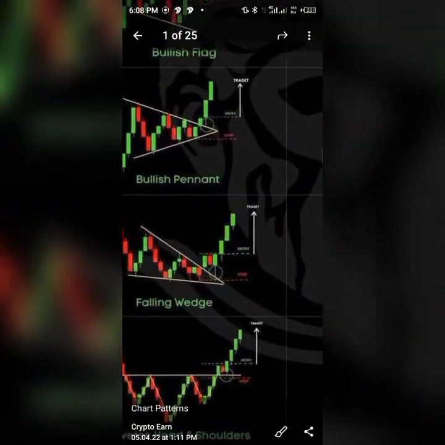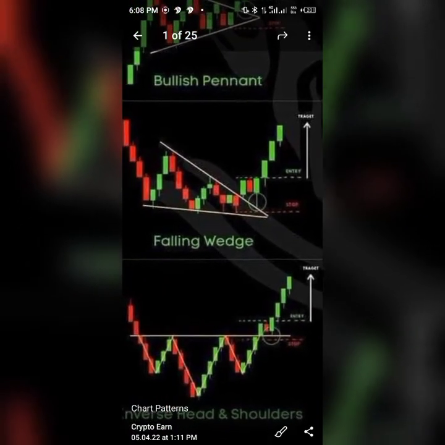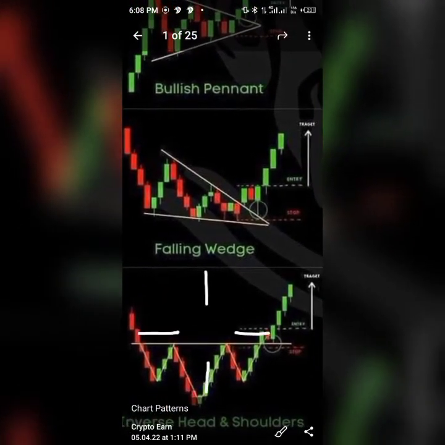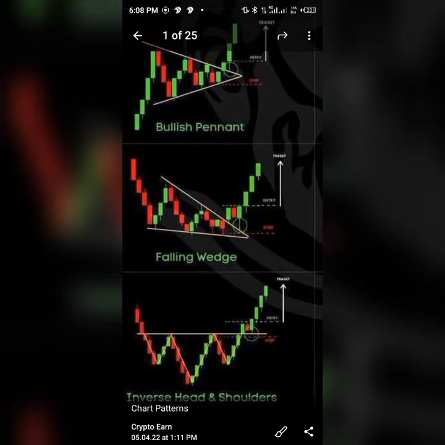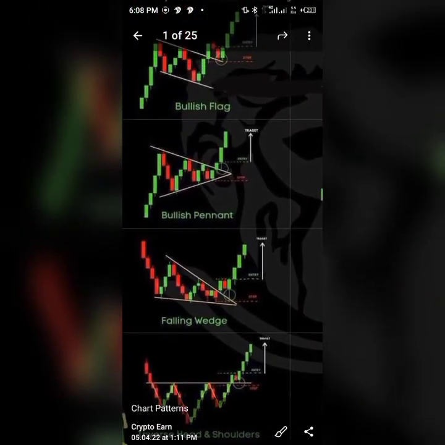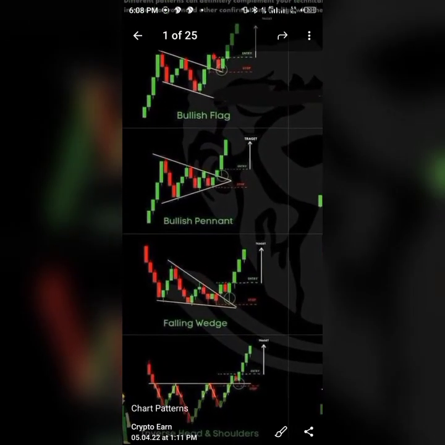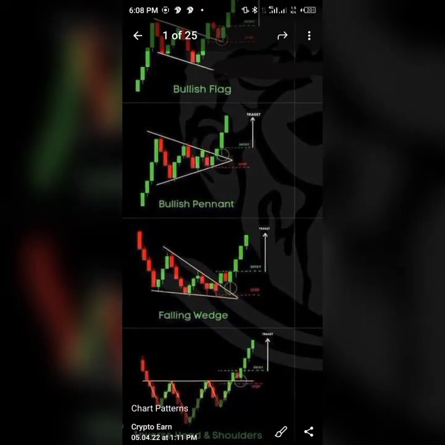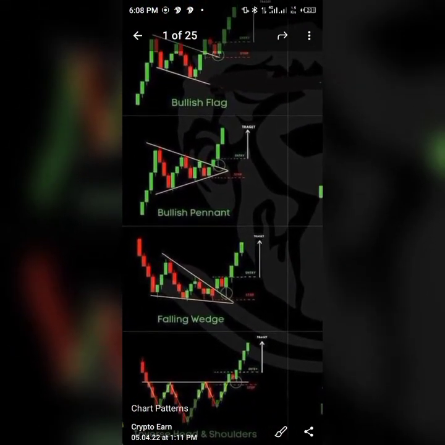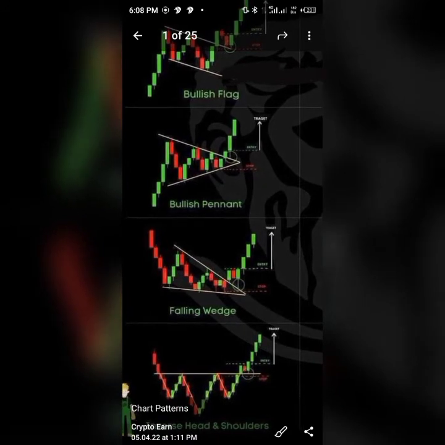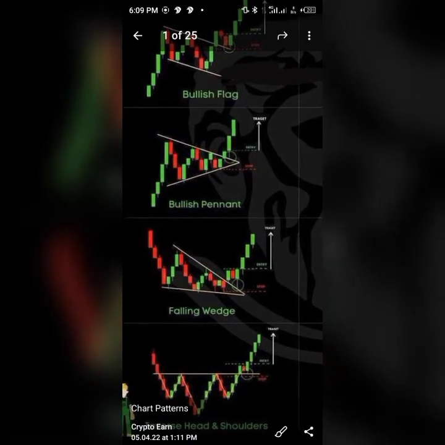Then this last one we have here is the inverse head and shoulders. Head and shoulder, sorry. Now this is the head and shoulder pattern where you use one trend line to discover when the price of the cryptocurrency is actually within a range. At first, the candles moved just below the trend line and were moving zigzag.